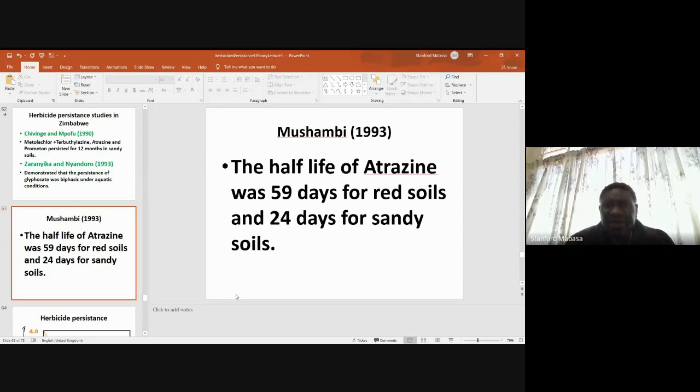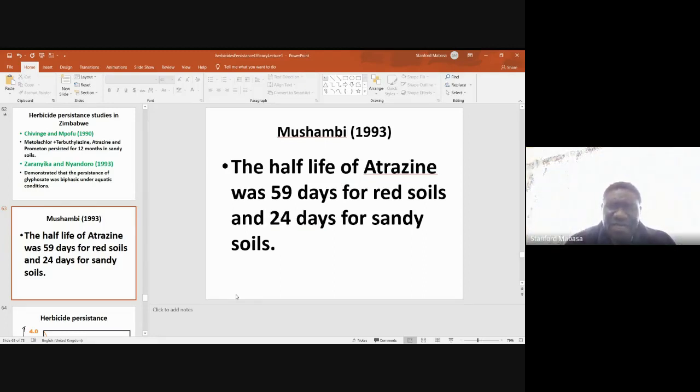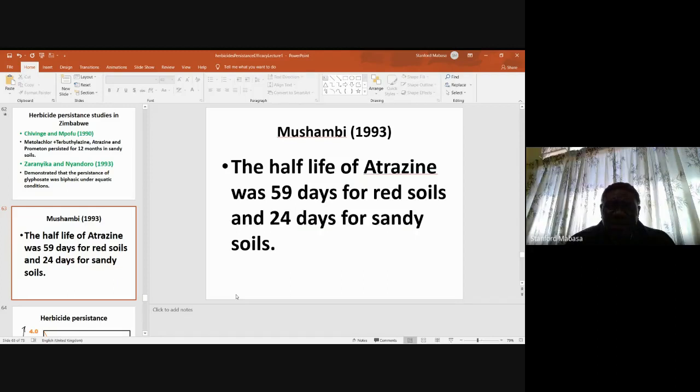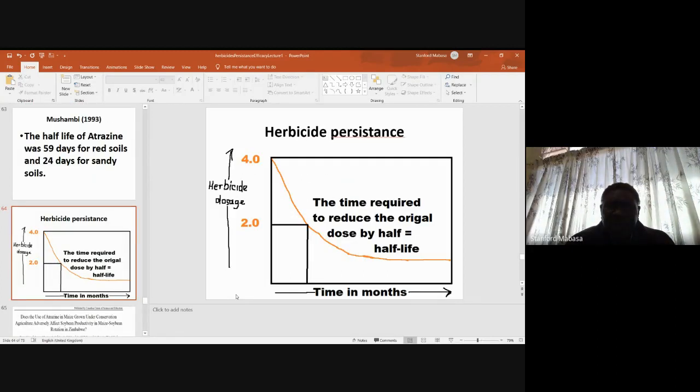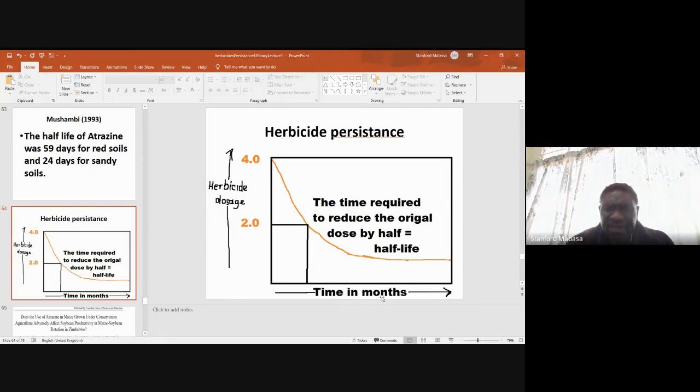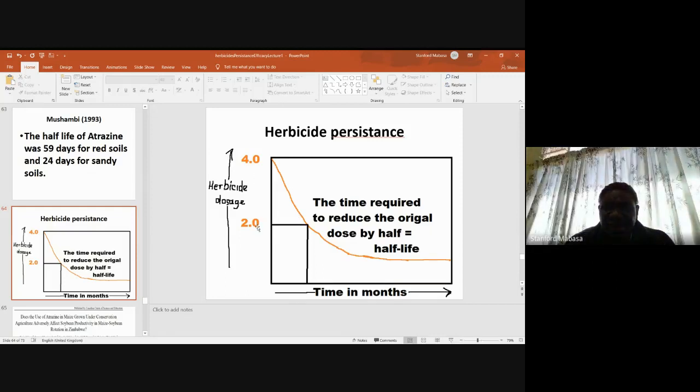Mushambi in 1993 indicated that the half-life of atrazine was 59 days for clay soils and 24 days for sandy soils. Probably I will have to define what a half-life is. On this graph, we've got time on the x-axis in months, and the herbicide dosage on the y-axis.